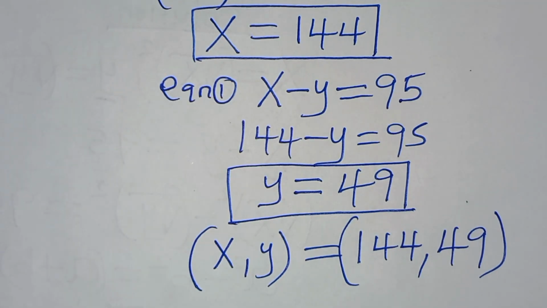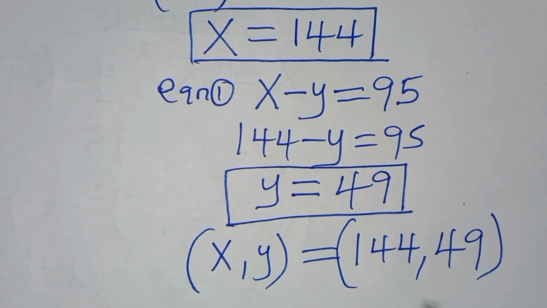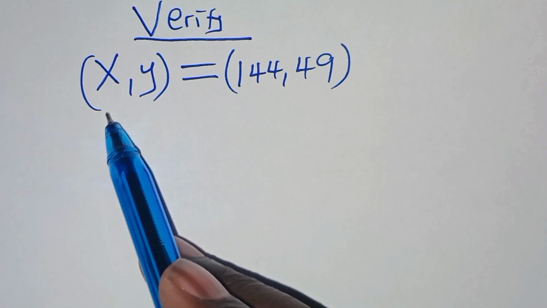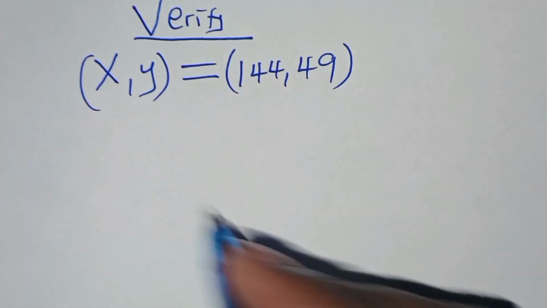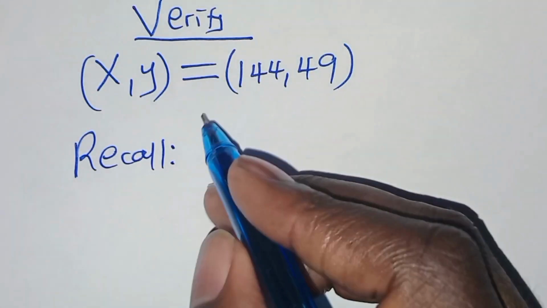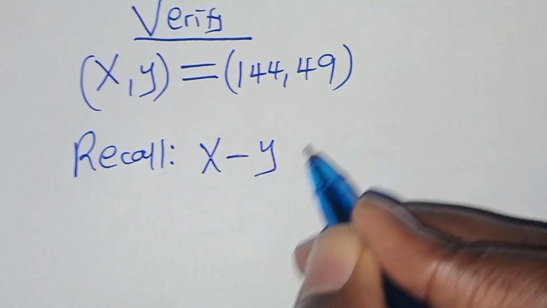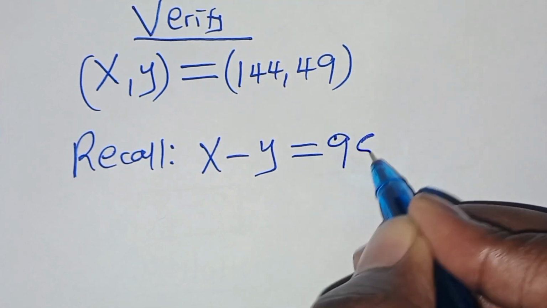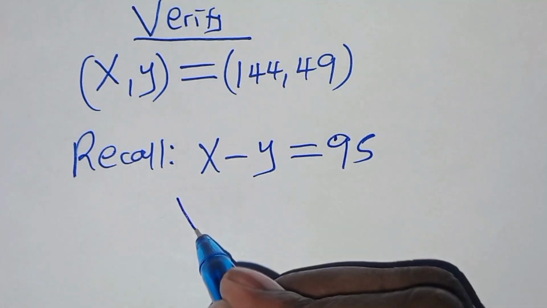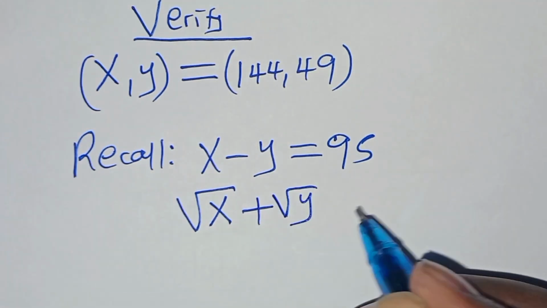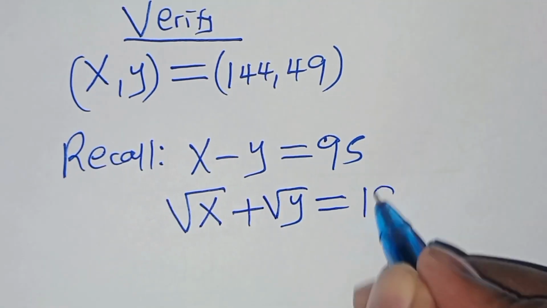The next step, let's verify that the values of x and y satisfy the equations. If you recall, x minus y is equal to 95, and square root of x plus square root of y is equal to 19.